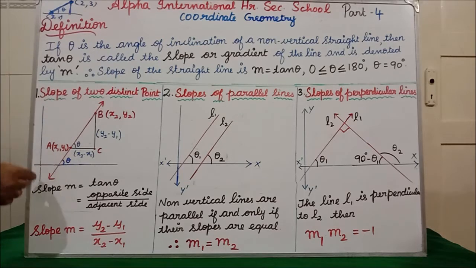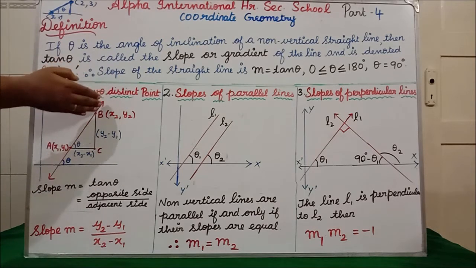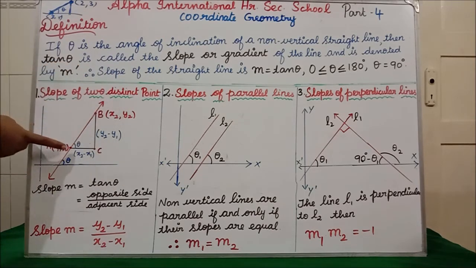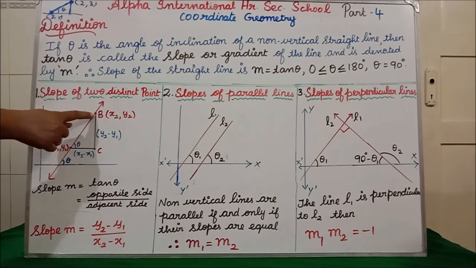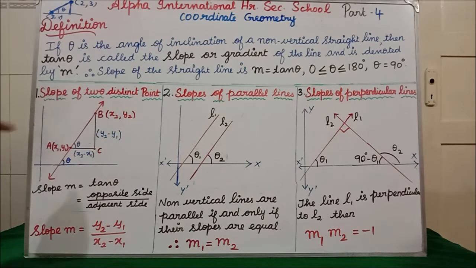See the diagram first. This red line is the slope. I have taken 2 points, A is x1 comma y1, B is x2 comma y2, and I have joined those 2 points. Now what have I got? A right angle triangle, isn't it? Now see where we have theta.